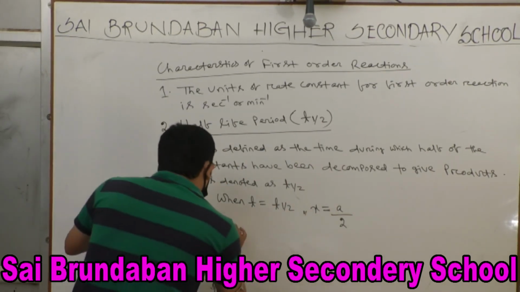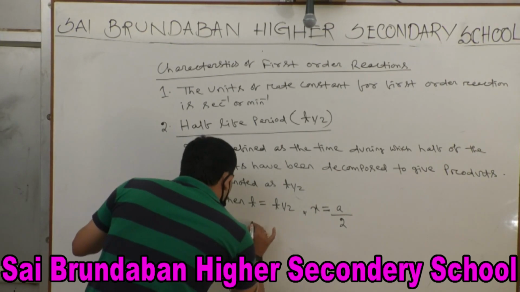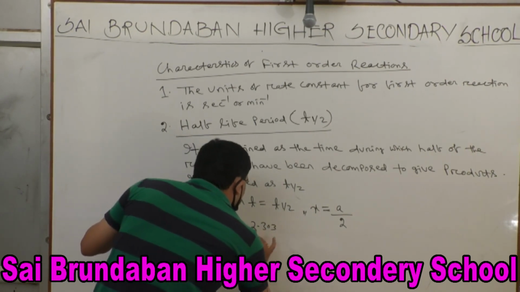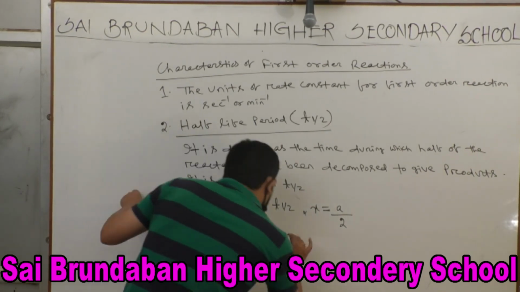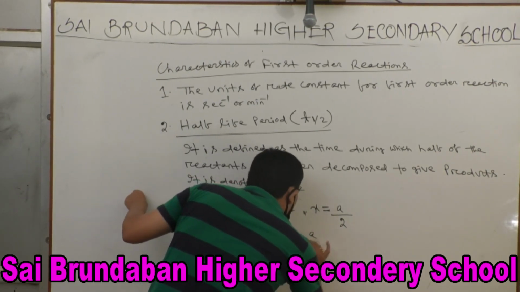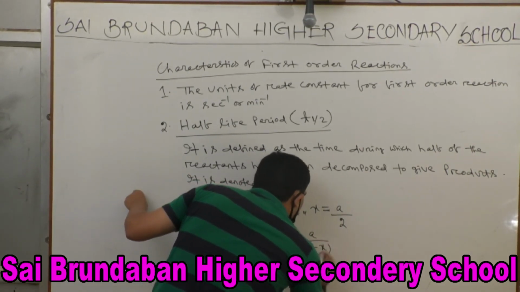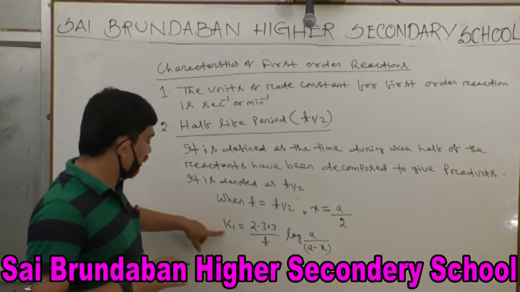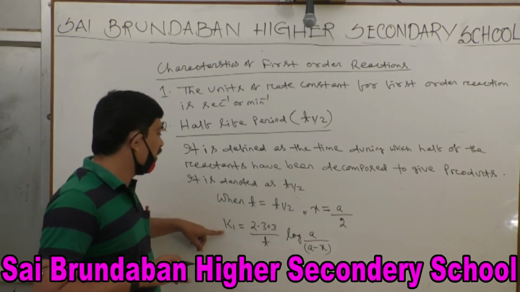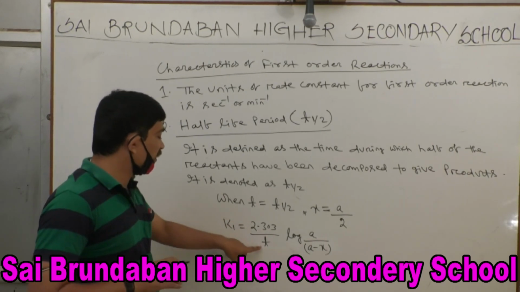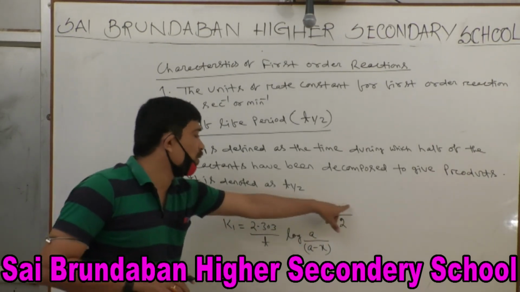We know that K1 equal to 2.303 by T log A by A minus X. Look at this, this is the rate constant value for first order reaction. In this equation, we will put in place of T half, X equal to A by 2.